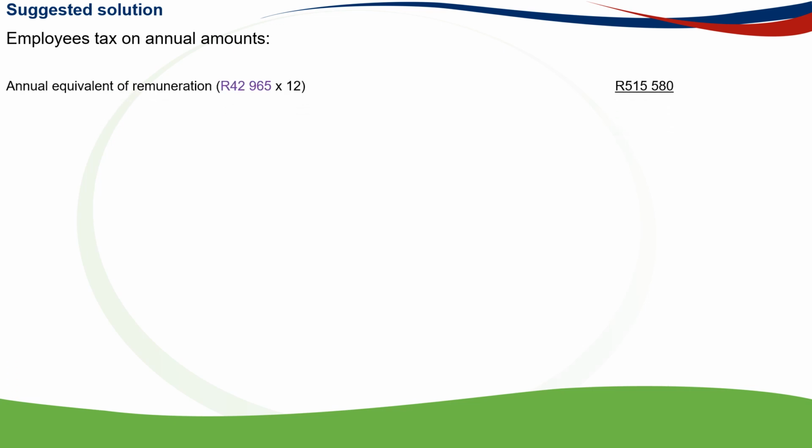So the annual equivalent of the remuneration, which we calculated in the first calculation, 42,965 Rand times 12, we start off with that amount. You must always start off with that amount. And that is 515,580.